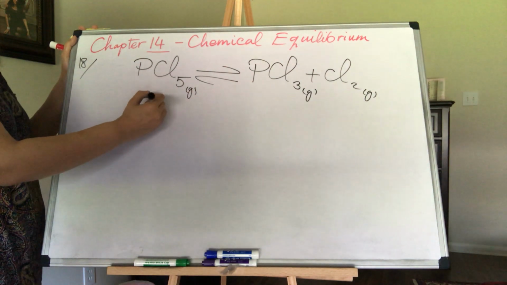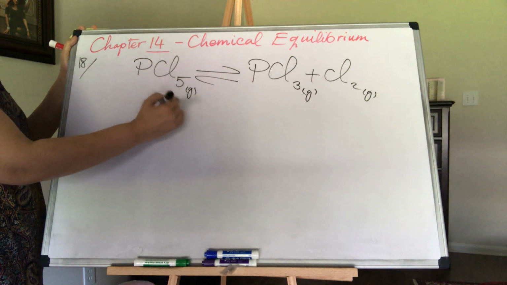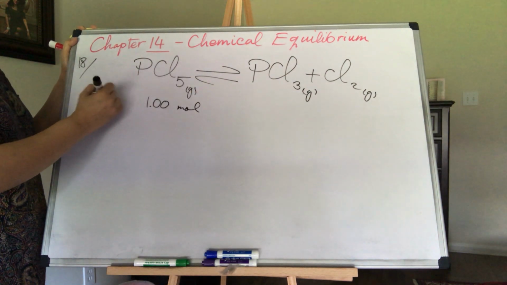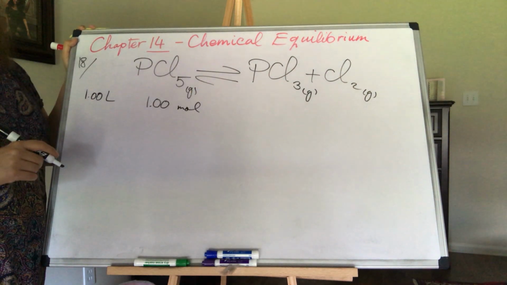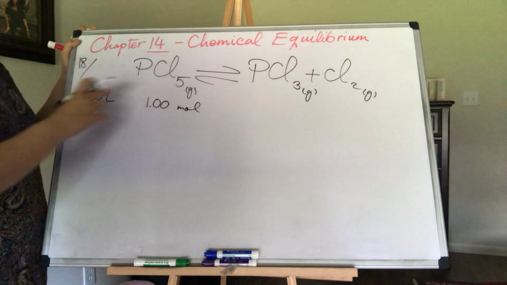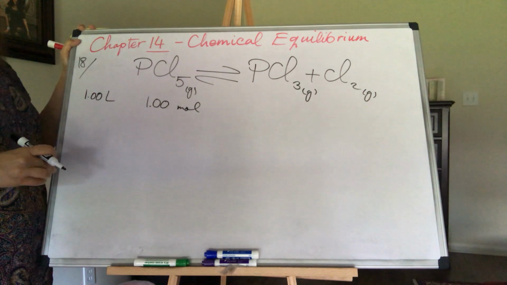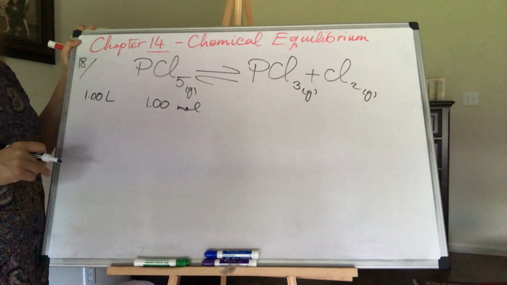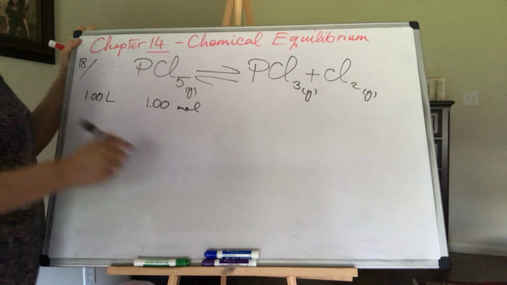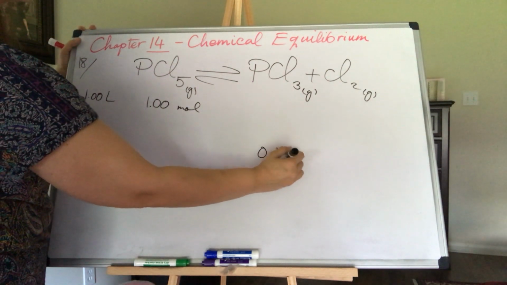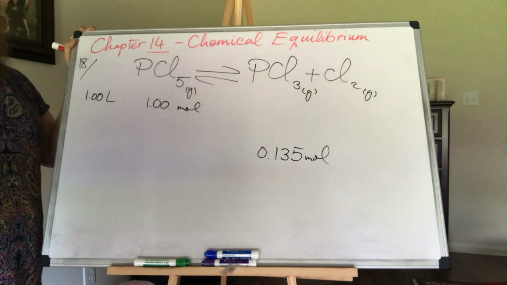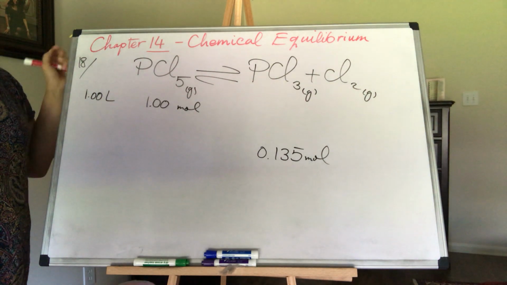When 1 mole of PCl5 in a 1 liter container is allowed to come to equilibrium at a given temperature, so we start with 1 mole of PCl5, the mixture is found to contain 0.135 moles of PCl3. What is the molar composition of the mixture?